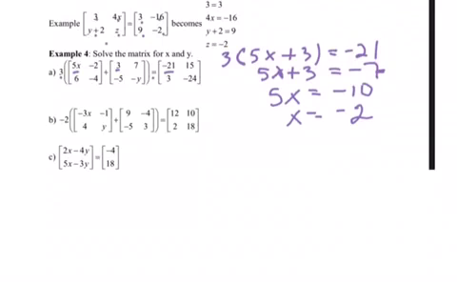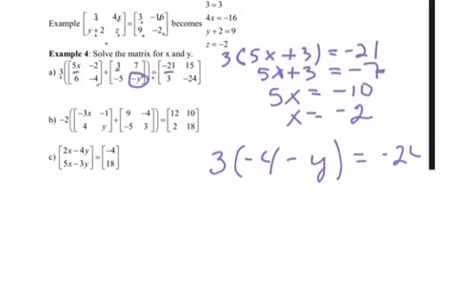Now if I solve for y, I see y in the bottom right, so I'm going to put the bottom right pieces together, and I still have 3 times. So I've got 3 times negative 4 plus negative y, which is ultimately minus y, is equal to negative 24. You have to be very cognizant about what is in between the matrices.